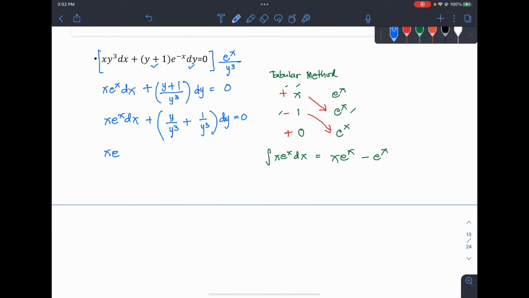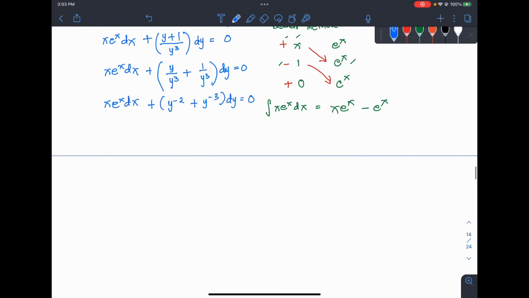So we can simplify that further. y over y cubed is y raised to 1 minus 3, that is negative 2. So y raised to negative 2, plus y raised to negative 3, we just simply put it up, dy equals 0. So now we can integrate.